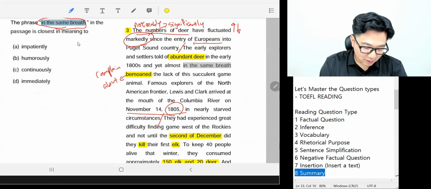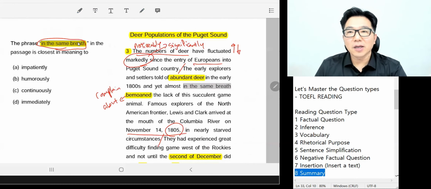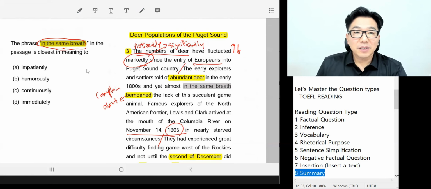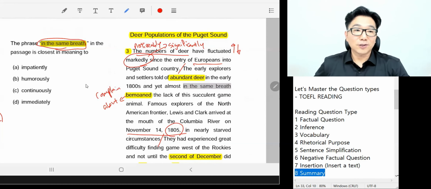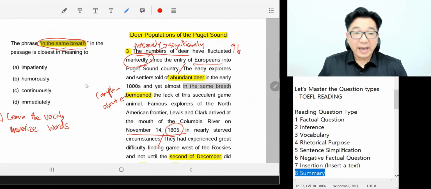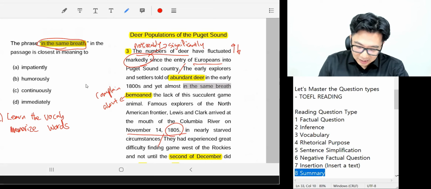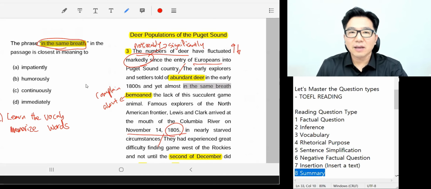There's no magic way of solving this question type other than learning a lot of vocabulary. Because the first strategy, sorry to disappoint you, sounds so obvious: learn the vocab. Okay. Memorize words. You need to work. You build up your vocab power. And the second strategy, there is a strategy, but it only works partially, like 50% of the time.